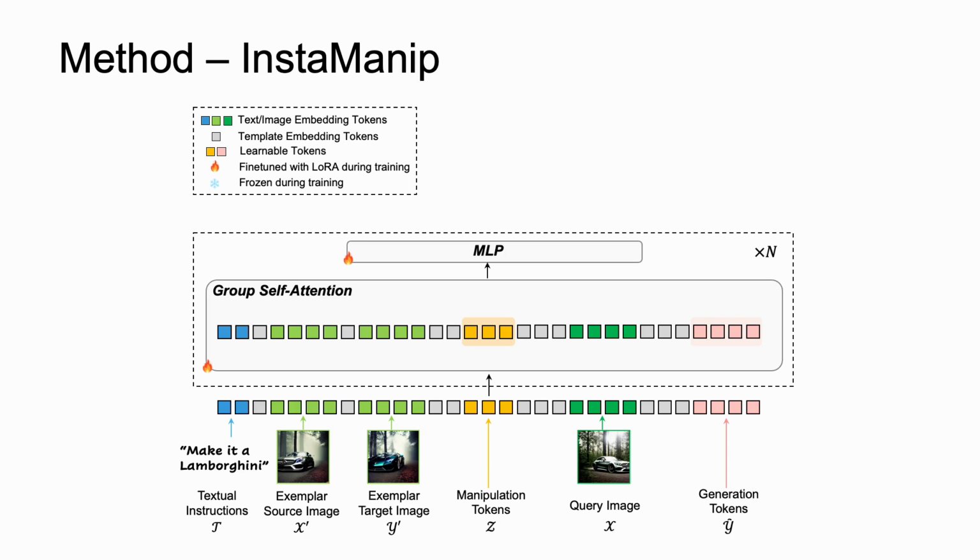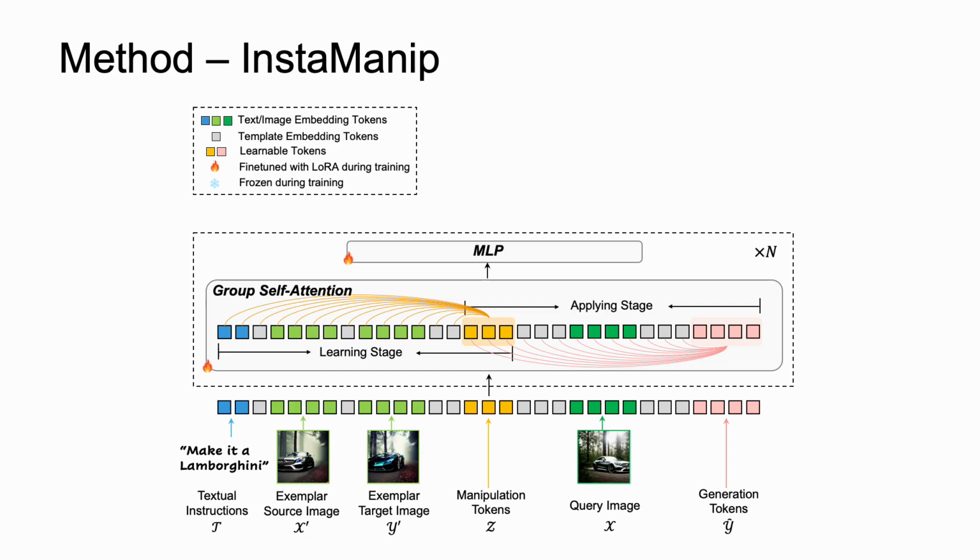In each block, we propose a novel group self-attention layer followed by an MLP. Different from vanilla self-attention, we divide the input tokens into two groups corresponding to the learning and applying stages respectively. The manipulation tokens are the only bridge to connect the two stages.